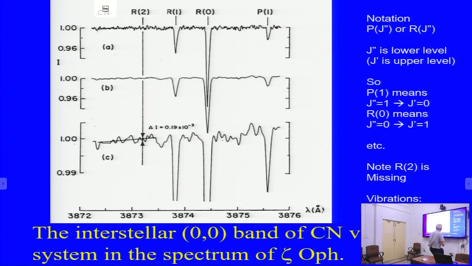R2, P1, etc. is standard. R2 is missing. P1 means J double prime 1 to J prime 0. R0 means J double prime 0 to J prime 1. So you've got 2 states occupied, J equals 0 and J equals 1 in the ground state, not J equals 2. And that's how you get a temperature. 2.6 Kelvin.